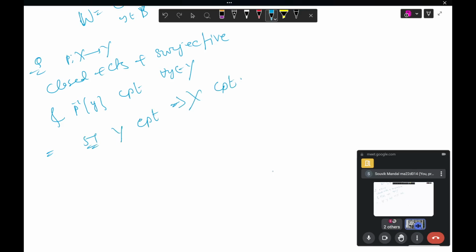Usually domain compact plus codomain compact is the direction we know, but the converse is also true under this condition: if it is a perfect map, then the right side compact is like the left side compact.